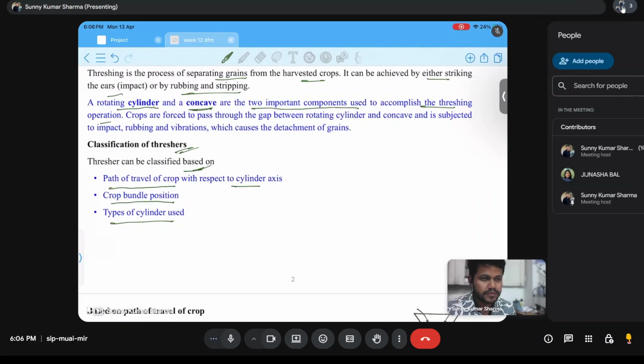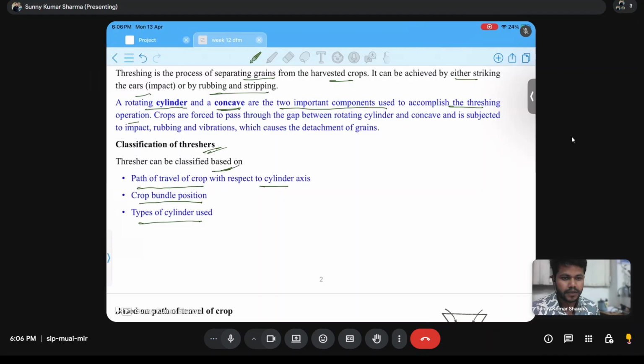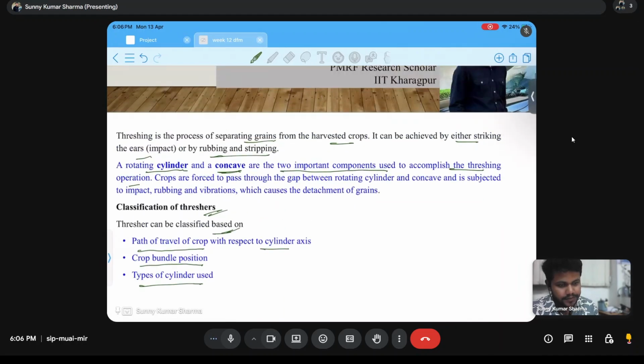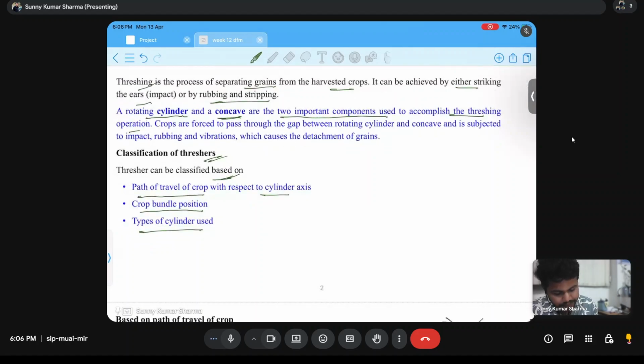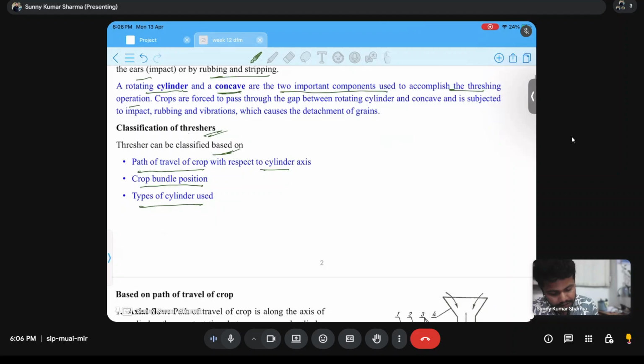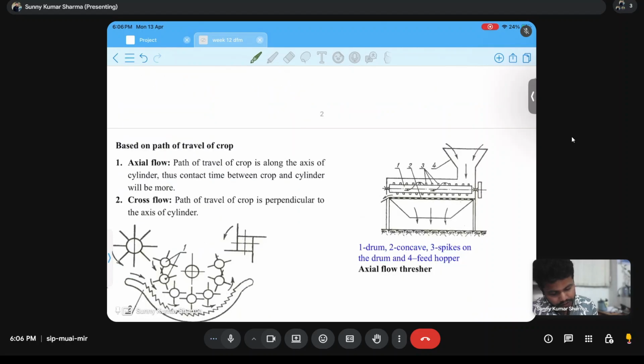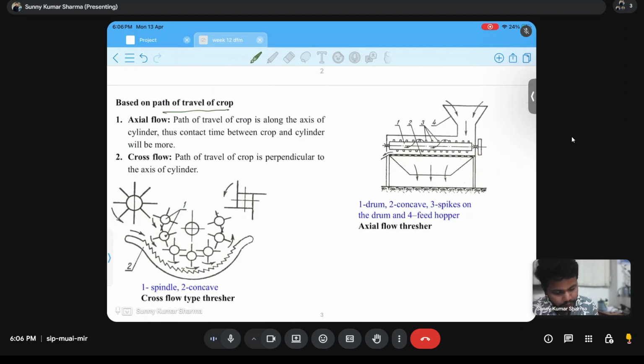Jigyasa, we have just started the class, and I have just discussed what is threshing, and now I am discussing classification of threshers. So thresher can be classified based on these three criteria. First is path of travel of the crop. Second is crop bundle position. Third is type of cylinder used. So based on path of the travel of the crop, a thresher can be classified as axial flow or cross flow.